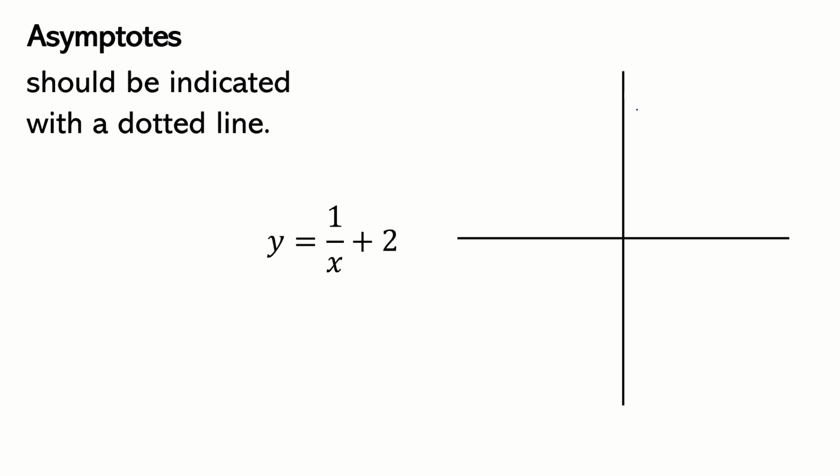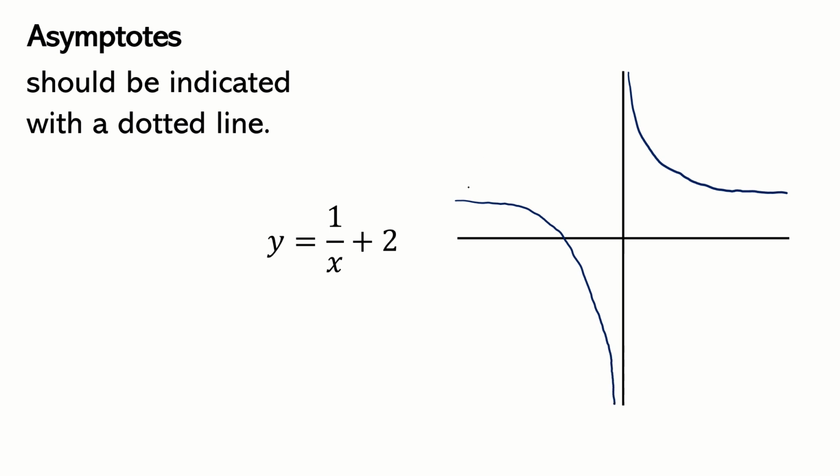And if y coordinates are bigger by 2, that means they're higher up by 2, and therefore this is officially, posh words, a translation of (0, 2). So that graph will look like the graph of y equals 1 over x, but up higher by 2. So I'm drawing the same shape that I drew before, but with the horizontal asymptote being a bit higher than it was on my previous graph.